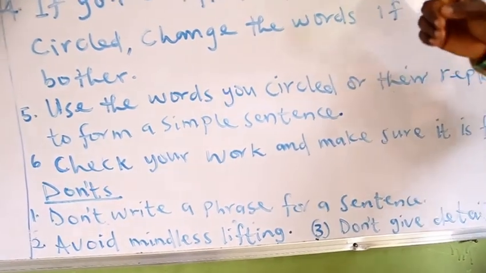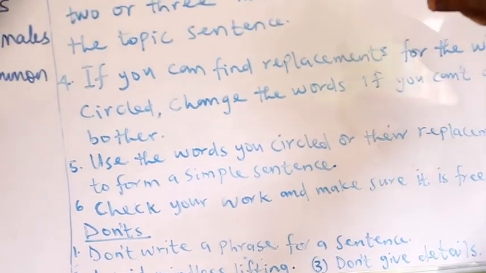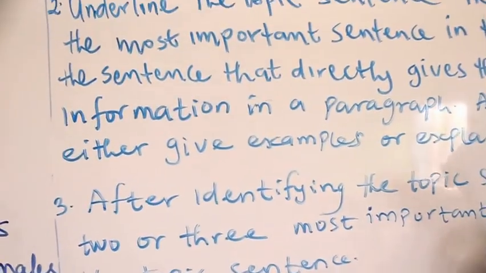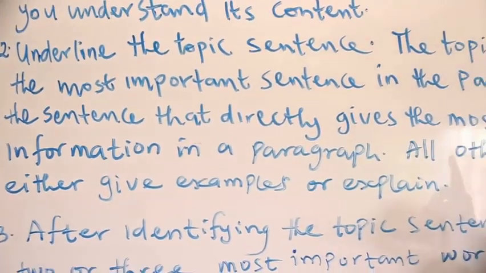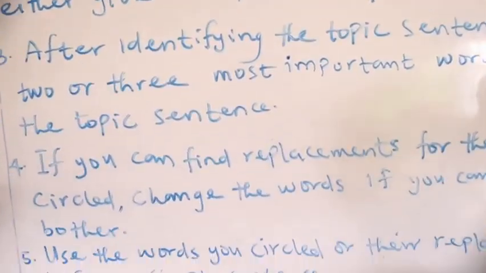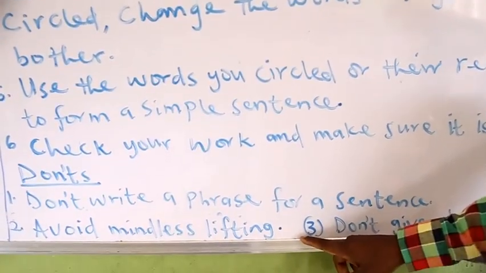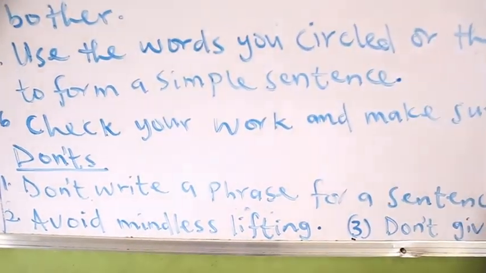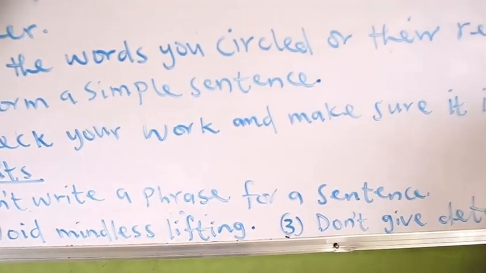For example, in step 2, you have to underline the topic sentence. Now, this topic sentence is not your final answer. If you write the topic sentence as your final answer, then you are guilty of mindless lifting, and you will score no point for that. Then, don't give details.